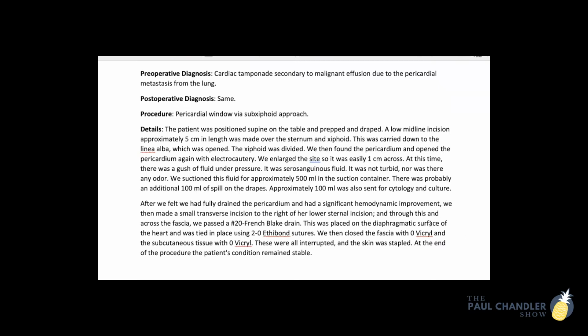Looking at the header first, what am I extracting and why? We have the pre-op and post-op diagnosis listed as the same, and the diagnosis we need to use is in blue: cardiac tamponade secondary to malignant effusion due to pericardial metastasis from the lung.